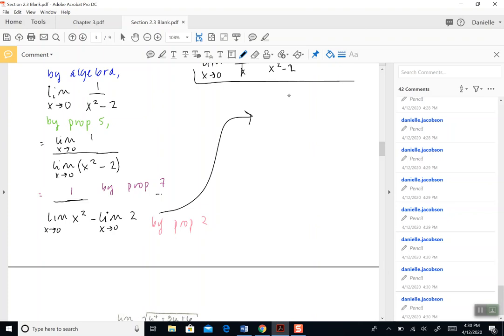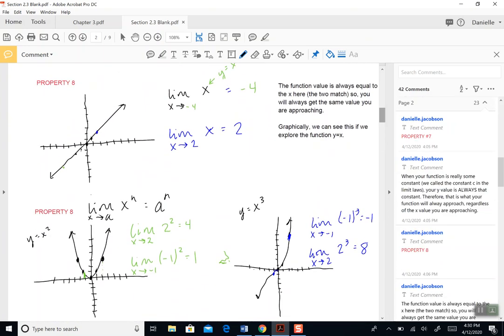We have the 1 on top, and we already took care of that limit. Now we want the limit as x goes to 0 of x squared. We talked about this property specifically as well. This is property number 8, and that tells me I can just run whatever we're going to through the x.